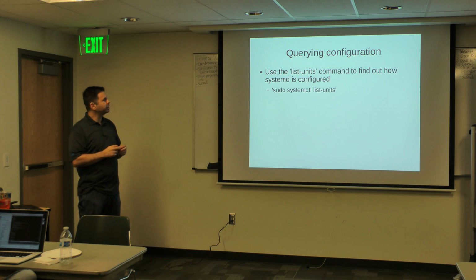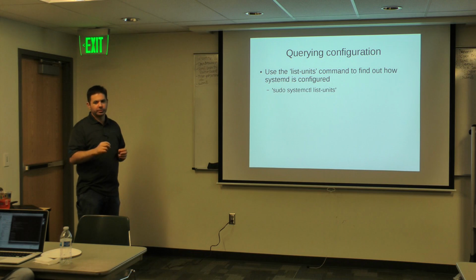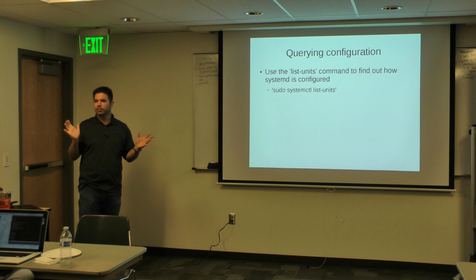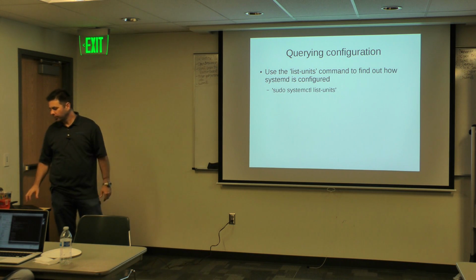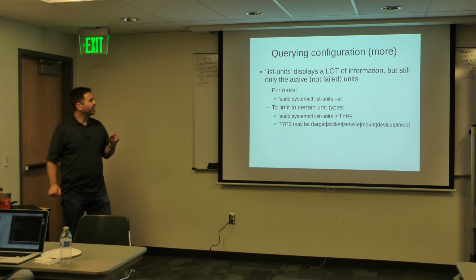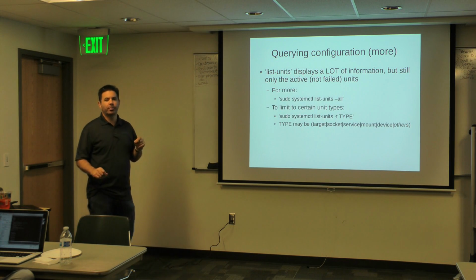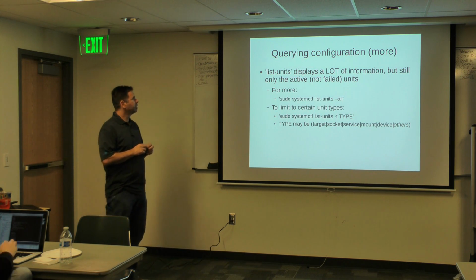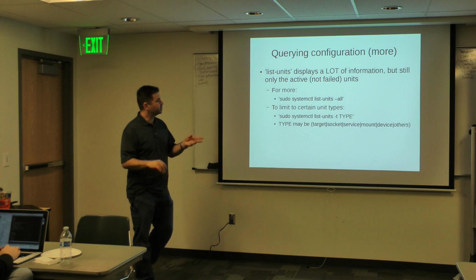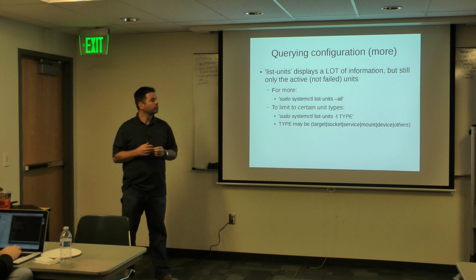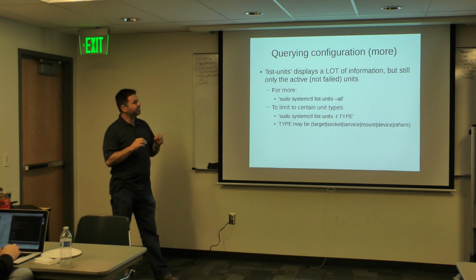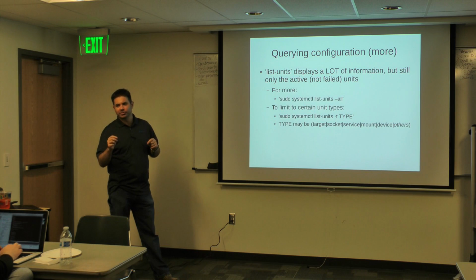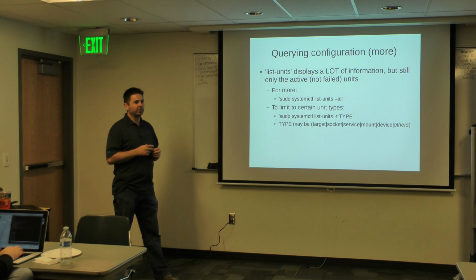So if you do a systemctl list-units, it will tell you everything about every unit that systemd knows about. Except, by default, it only tells you about the active units. So if you want all the units, then you add --all. Or I think you can actually do list-units --all, and it's the same thing.